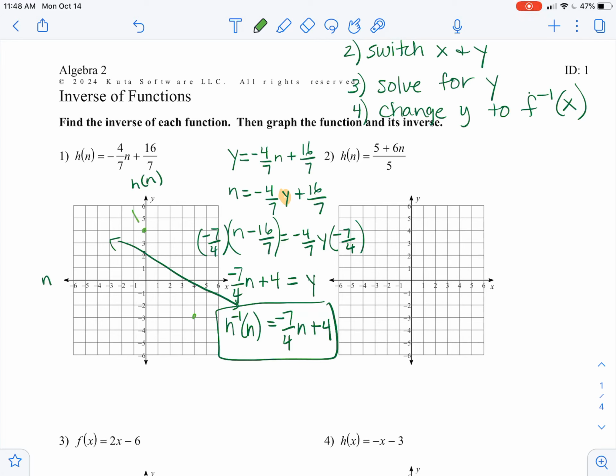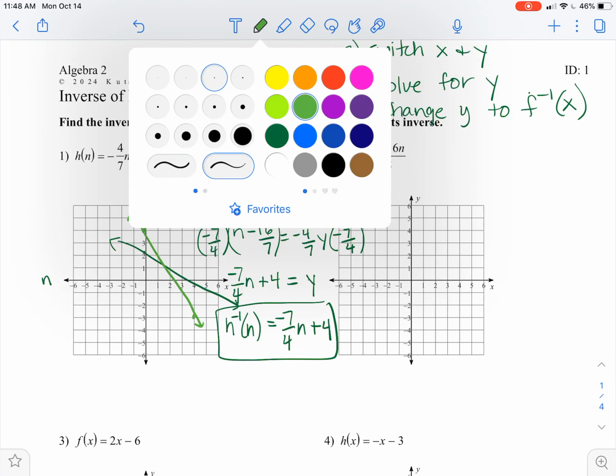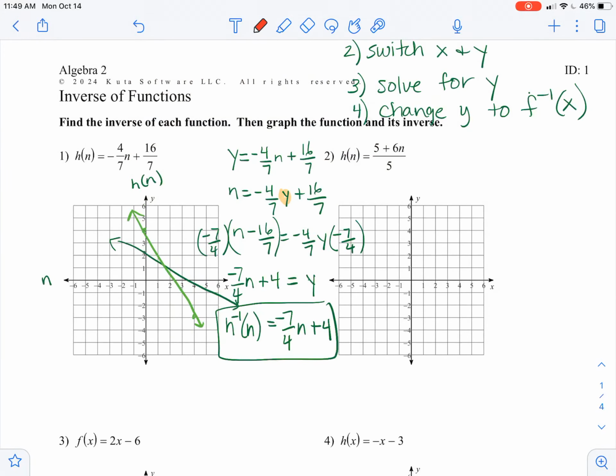Okay, now one of the things is how you tell if these are inverses is one line will be the reflection of the other one over the y equals x line. And again, mine's a little bit off just because of the way I'm drawing it here, but you can see that one really is the reflection of the other. Okay, and so those are inverses of each other.